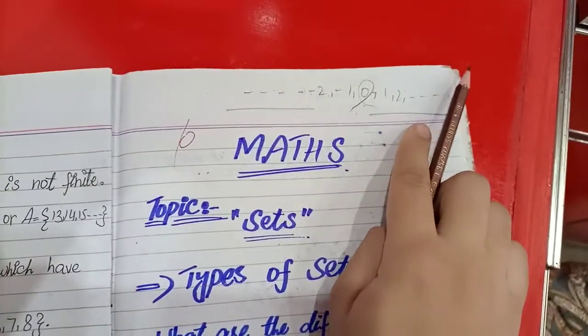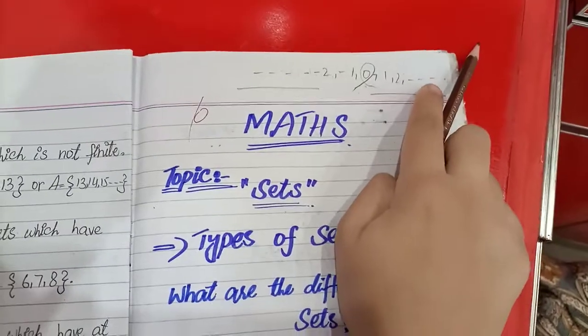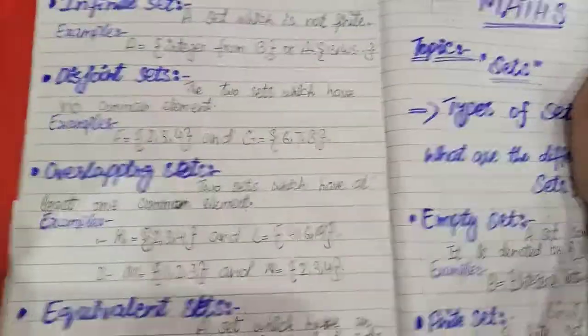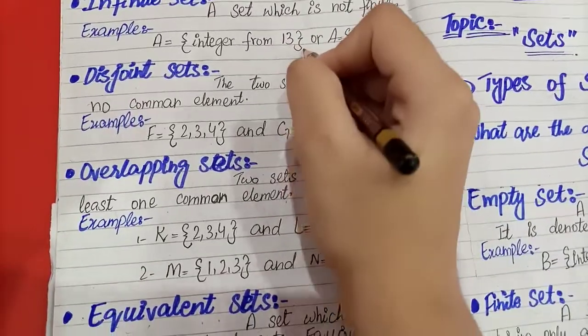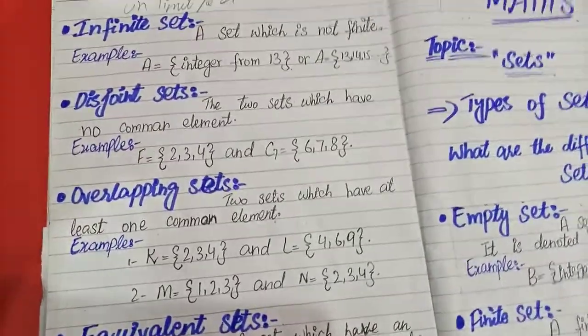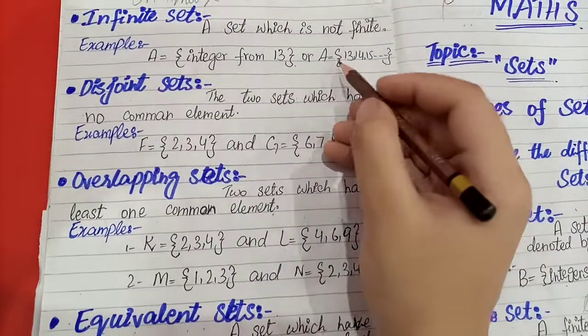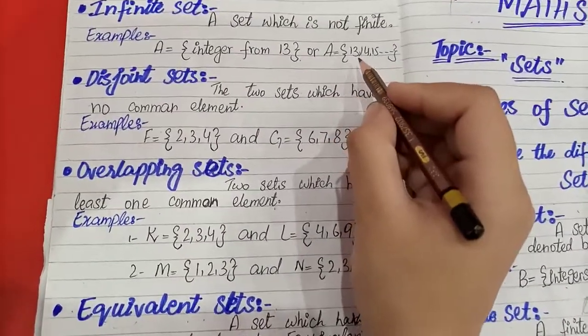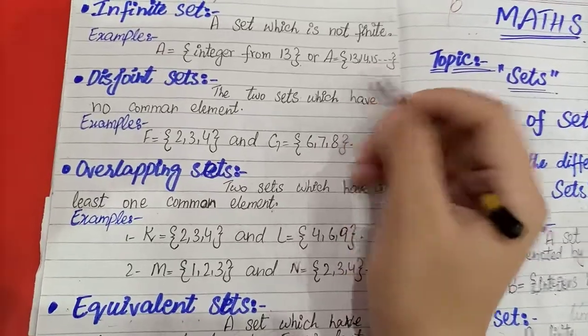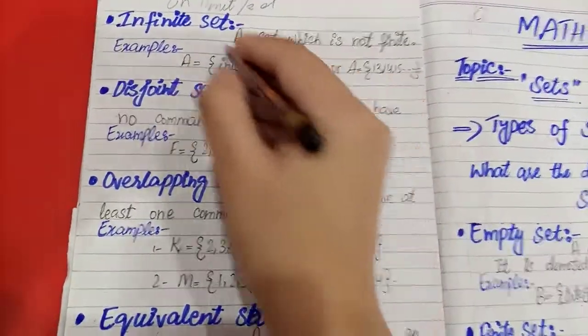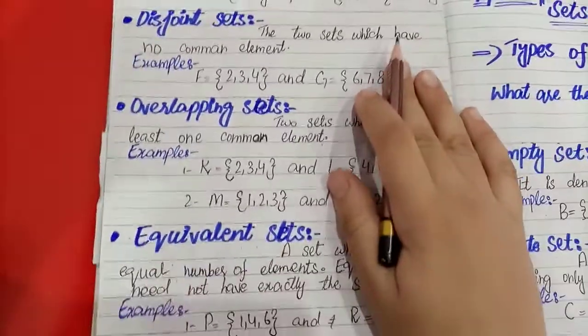We have learned that integers are these. From 13 means 13 and above; they do not tell a required end value. So from 13 upward, or if we write A is equal to 13, 14, 15 and so on upwards, both of these show our infinite set.